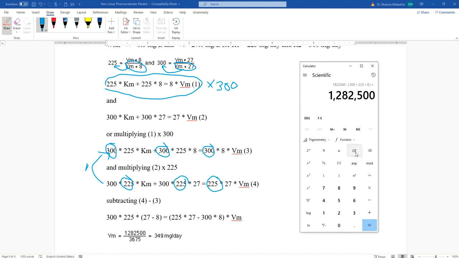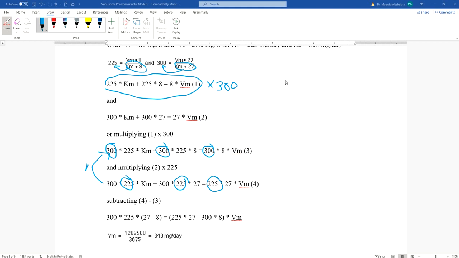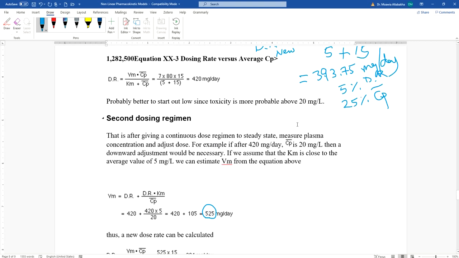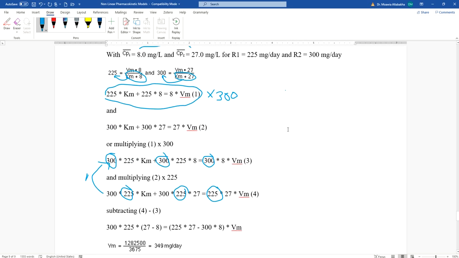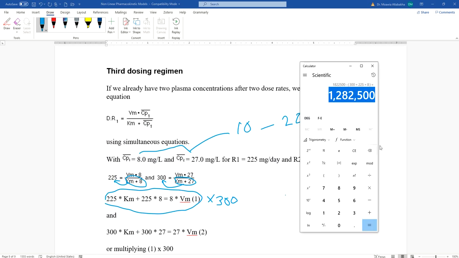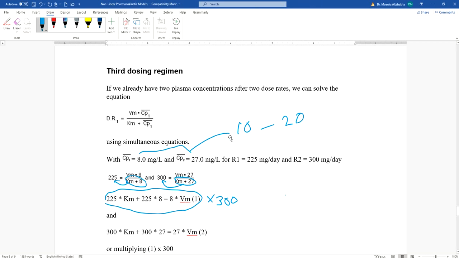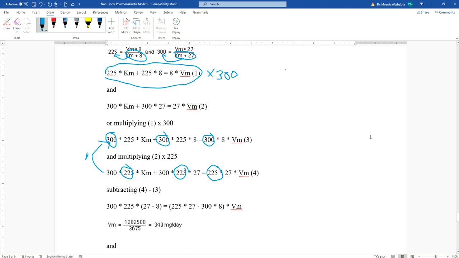Let me just write it here. So the difference between this and this is this one. Now I want to find the difference between 300 times 8 and 225 times 27.